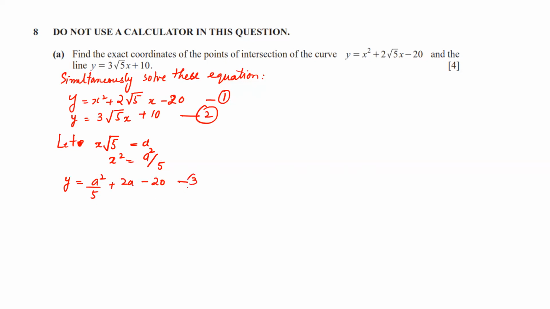Let's call it equation 3, and my below equation becomes y equal to 3a plus 10. This becomes equation 4.